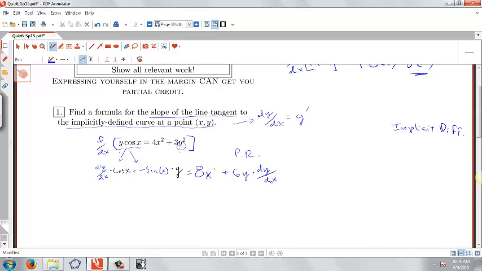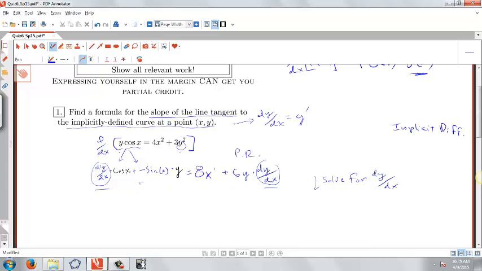So now what we want to do is isolate this. Now we have to solve for dy dx. That's going to look like getting everything with the dy dx on one side and everything else on the other side. So because of this minus right here, I'm going to get everything with the dy dx on this side.